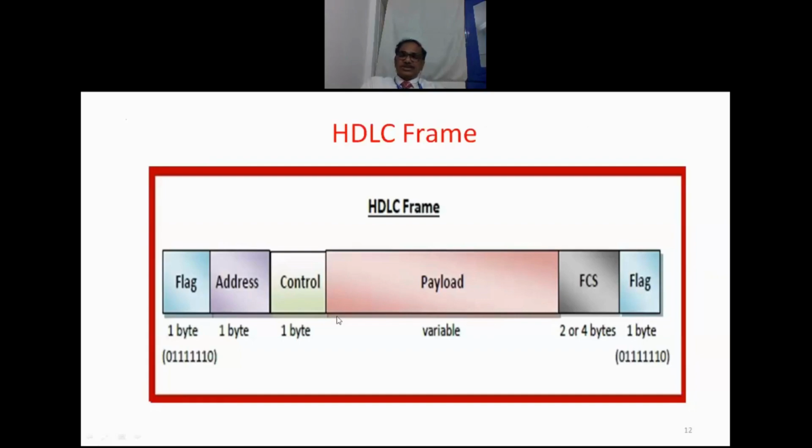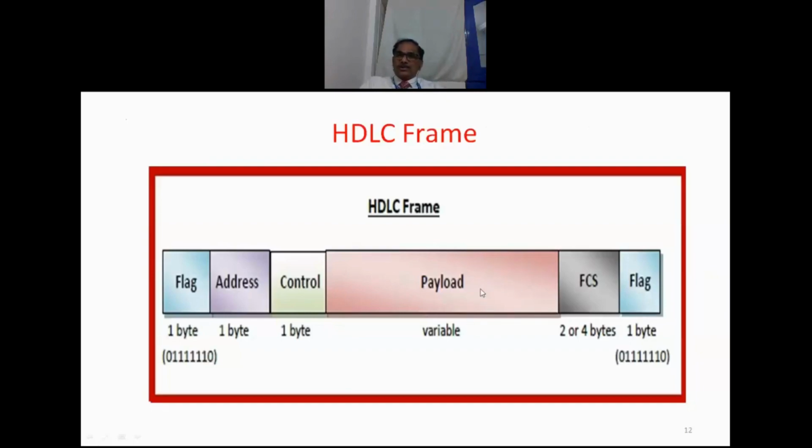And the control field indicates what type of frame it is. We will discuss the control field elaborately later. As of now, please remember that this indicates the type of frame. 1 byte is used to indicate the type of frame, control frame. Then the payload, this indicates the data. Whatever data the sender wants to send is kept in this, of variable size.